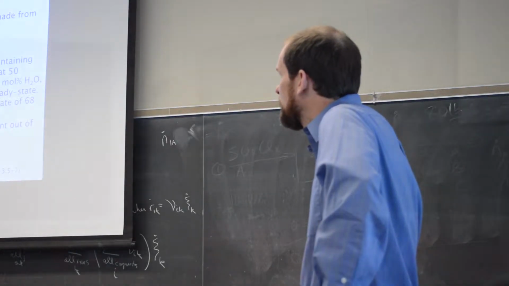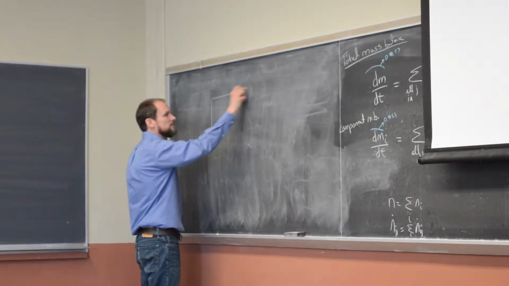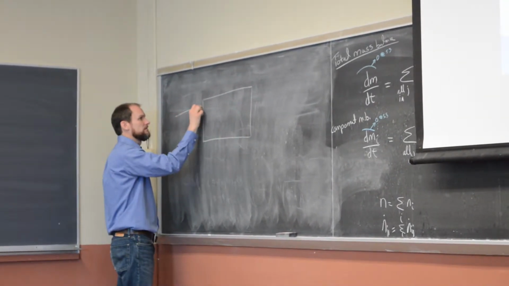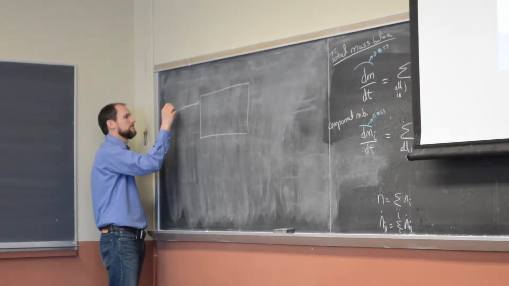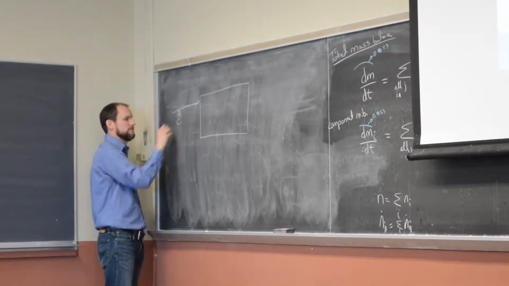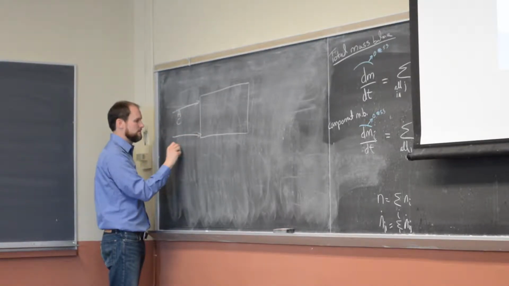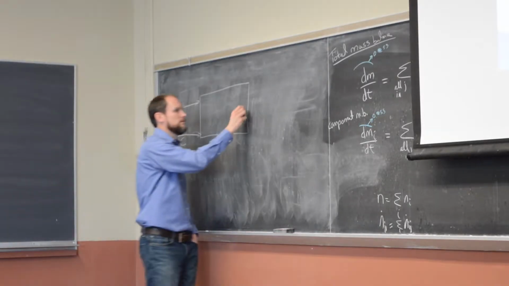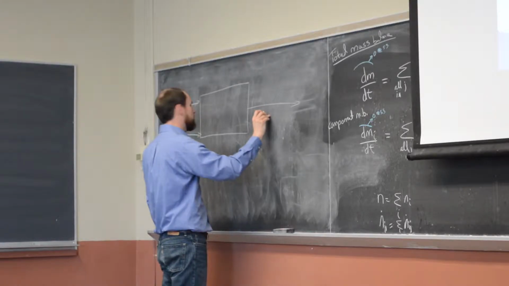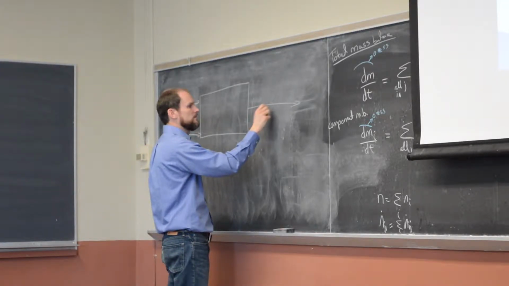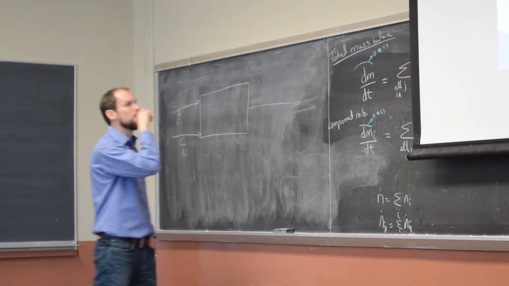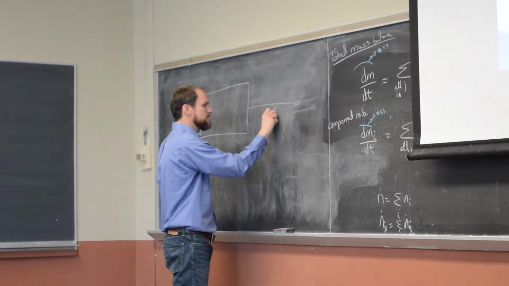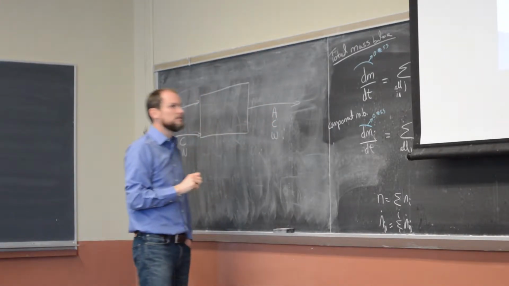I have ammonia and CO2 going in on the top one, and then CO2 and H2O going in on the bottom. And then all the components coming out, every single one: ammonia, CO2, water.